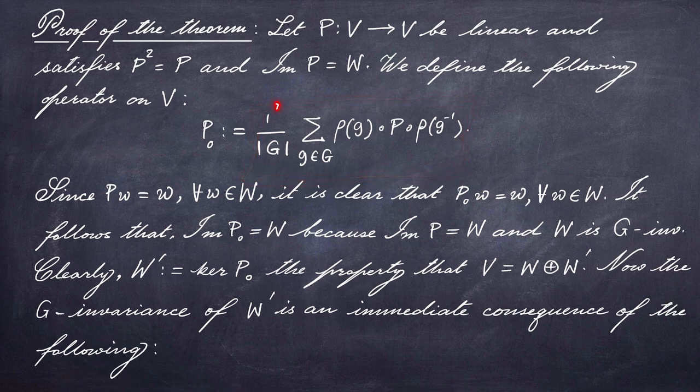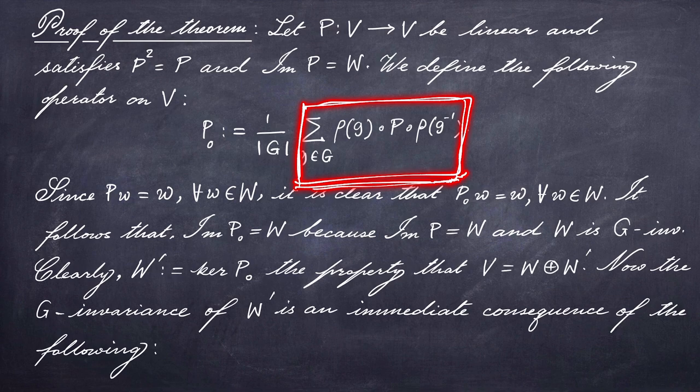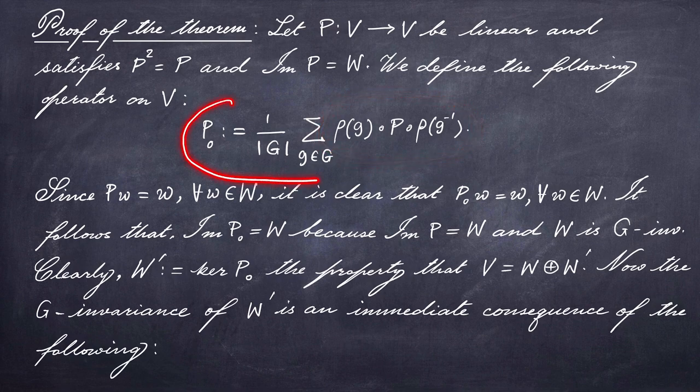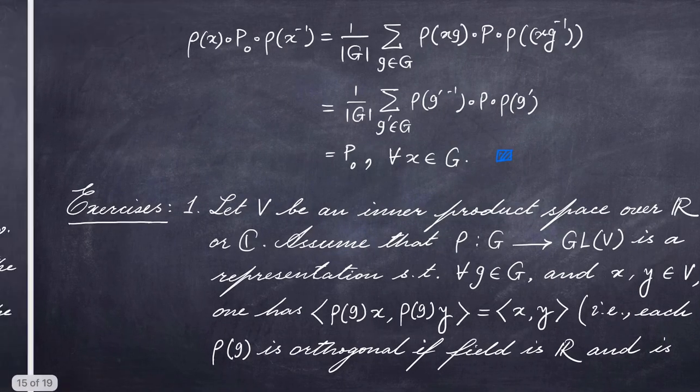The reason for choosing this scalar will be immediate, but the main part is this. The sum has to be taken, because otherwise one cannot guarantee that whatever we are going to do is going to be invariant under all the conjugations. Since we have considered all such sums, we can immediately see that this operator is invariant under all conjugations.